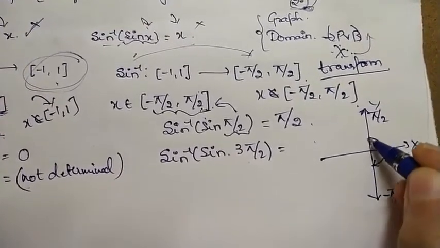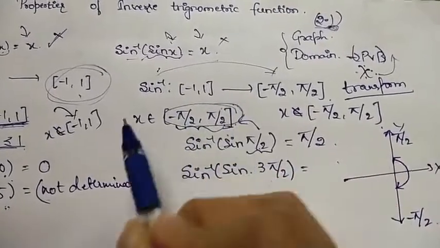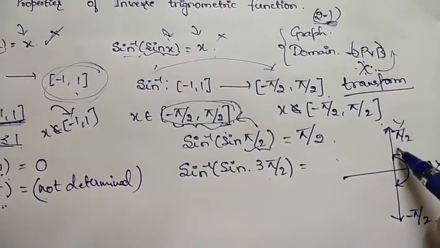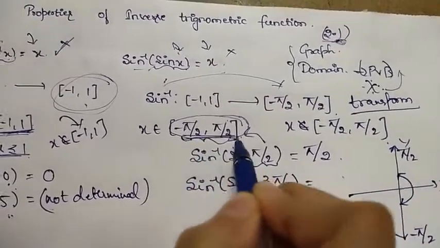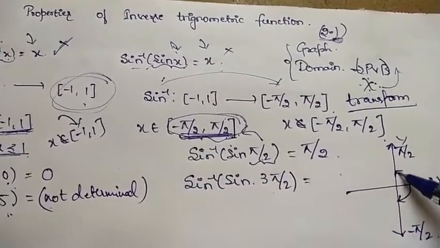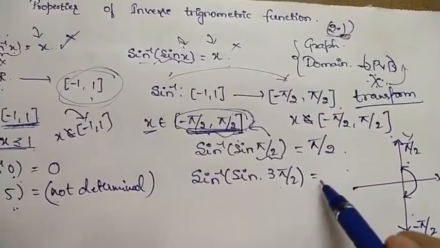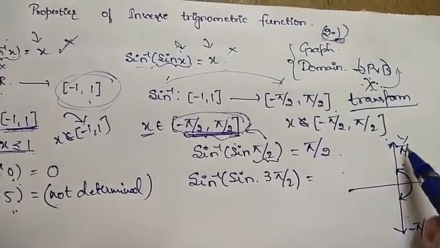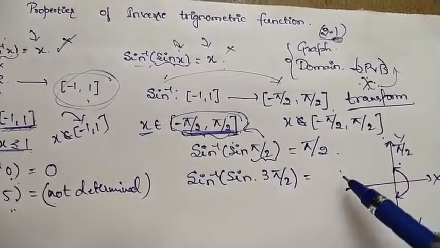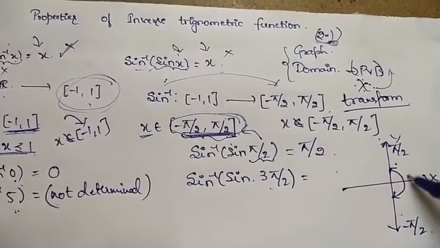Our value should belong within this range, from minus pi by 2 to plus pi by 2, because x belongs to the principal value branch. Since 3 pi by 2 lies somewhere here, outside this interval, we need to transform this angle in such a way that it lies within this interval.